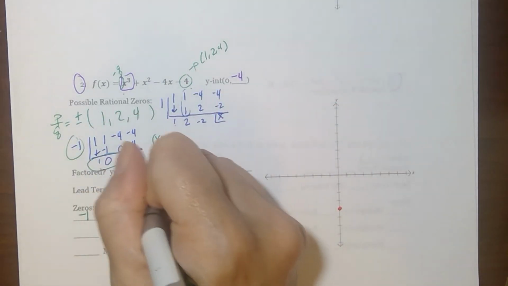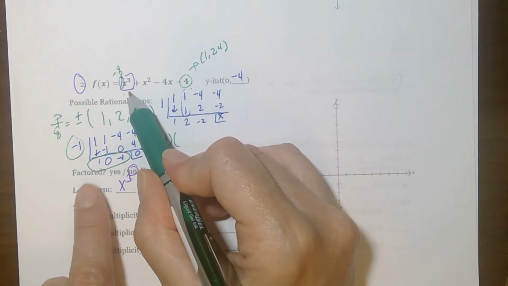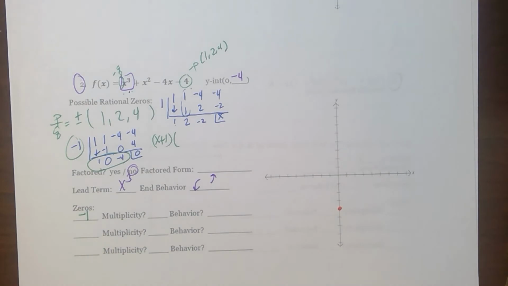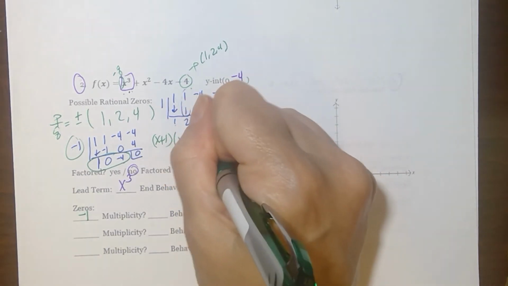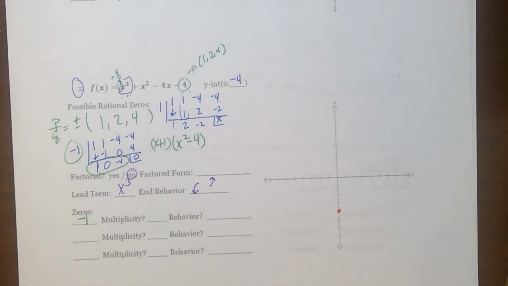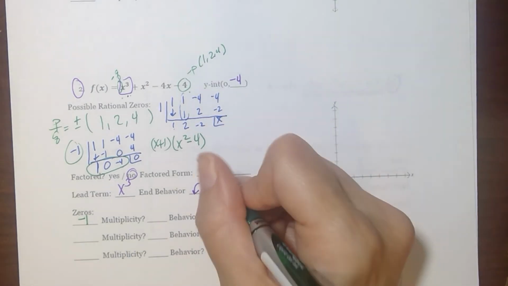And then I use this quotient. I factored out 1 degree, so this 1 is going to be the coefficient of a squared term. So I have x squared plus 0x minus 4, which is difference of squares. Difference of squares factors out to give me conjugate pairs.